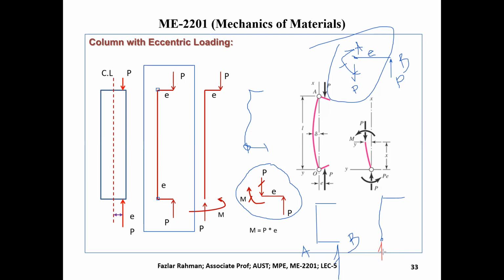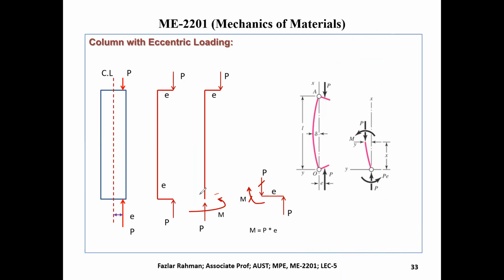And also a bending moment working opposite of this one. This one is clockwise, so the bending moment will be anti-clockwise, M. So it's P and right over here M. This P and M you cannot see with your eye, so these are the internal loads.